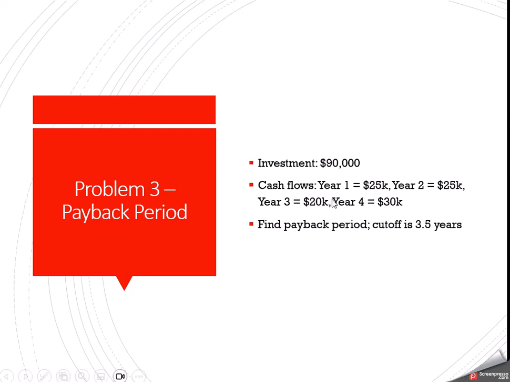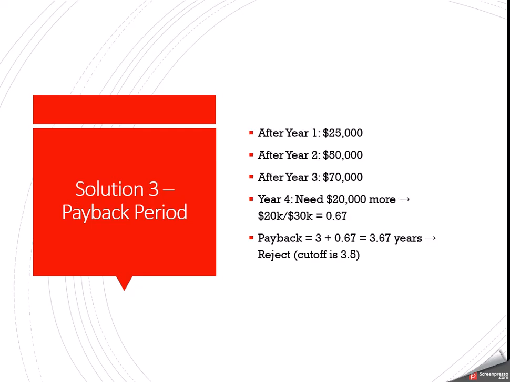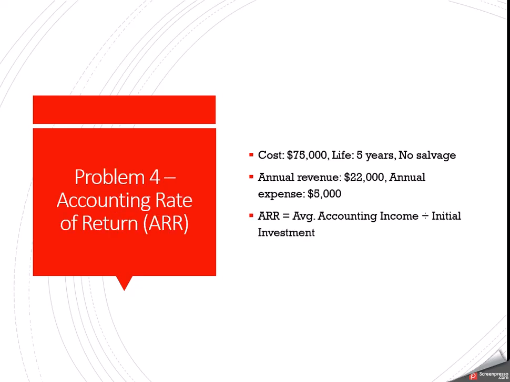Okay, so then we're not quite there yet. We got to go a little bit more, but then we need 20,000. So we're going into year 4, but not all the way to the end. So it's actually probably going to be a little over 3.5 years. So it's really like 3.67 years.